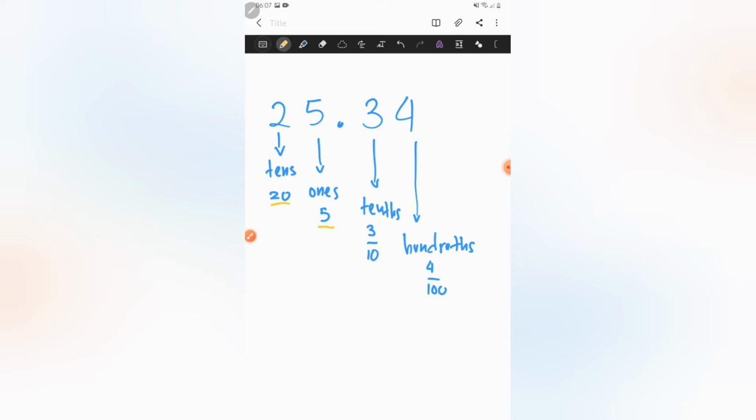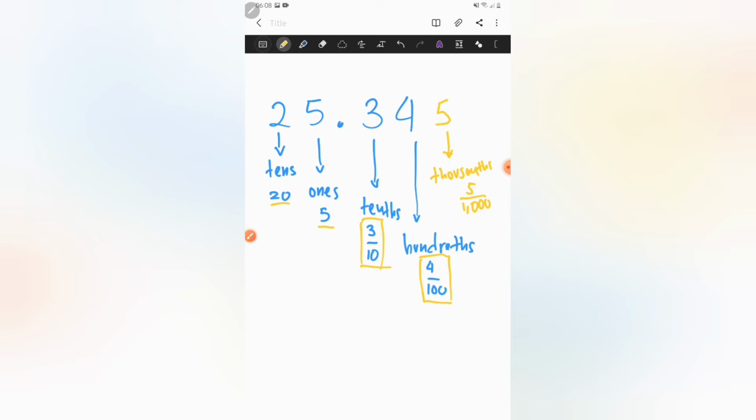So we have 3 tenths, and the 4 is for the hundredths, that's why we put 4 hundredths. And if you put 5 here, you can guess that it will be the thousandths place. And at that time you can make this into 5 over 1000.